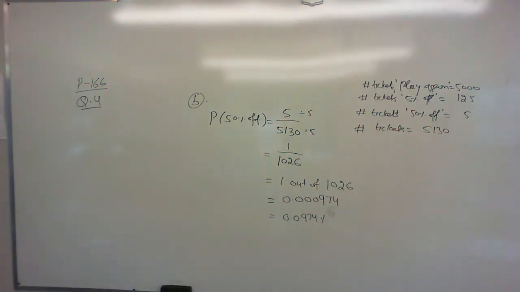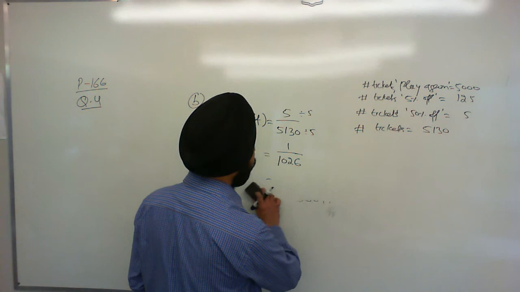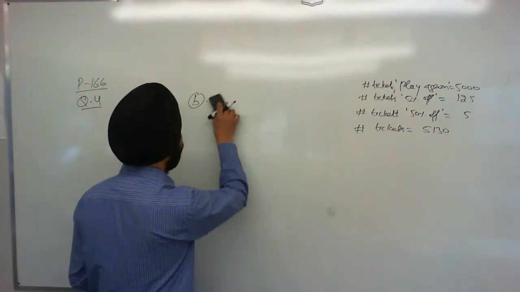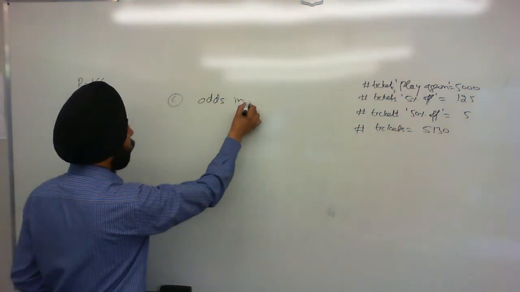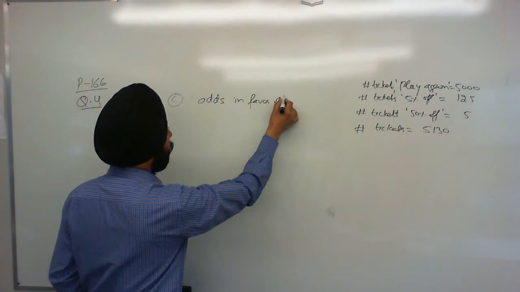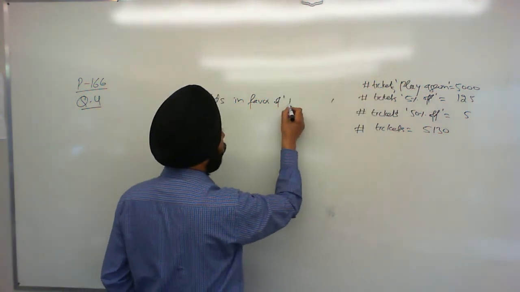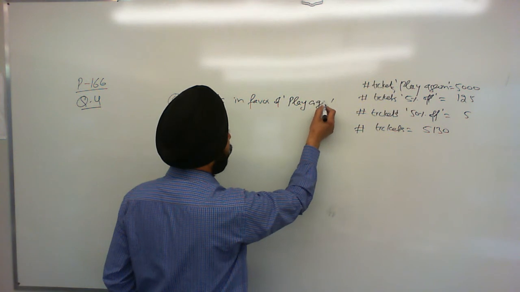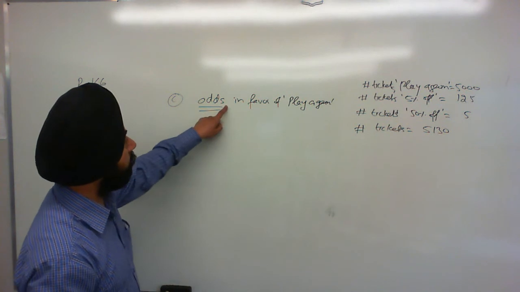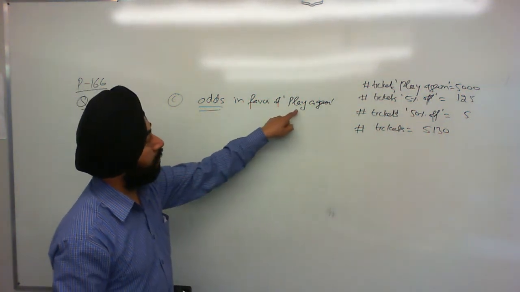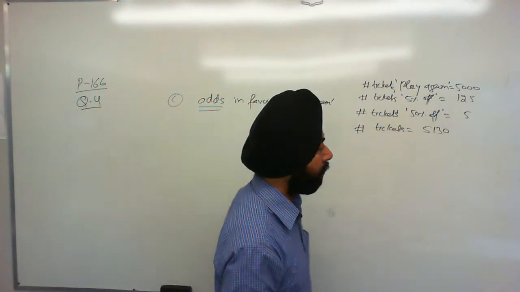Okay, the next one, C, says what are the odds in favor of getting a please play again ticket? So you're finding the odds now. How many tickets say please play again? 5,000.